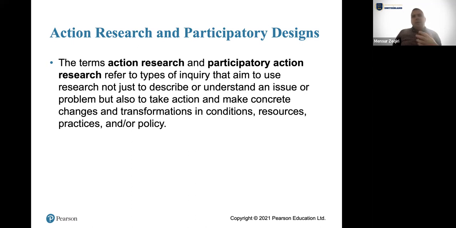So they might be, for example, teachers who are interested in better understanding their students' learning and then to develop new and more effective teaching practices, or they might be young people who are, for example, attending a community center that would like to address violence in their community. So simply, we are not talking about two different groups, the researcher and those being researched. So these are simply the same people.